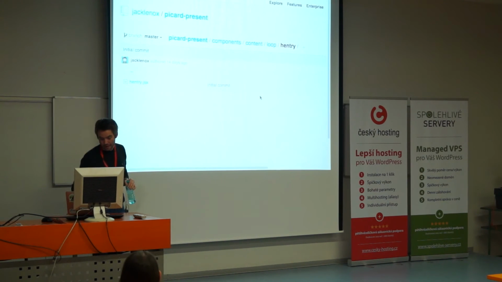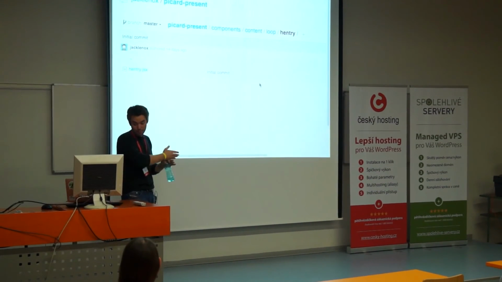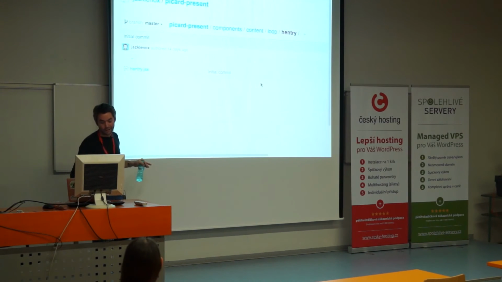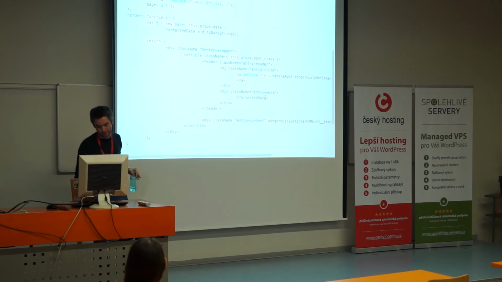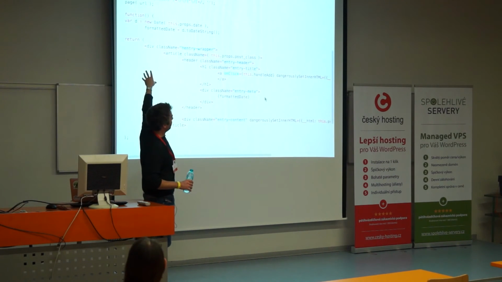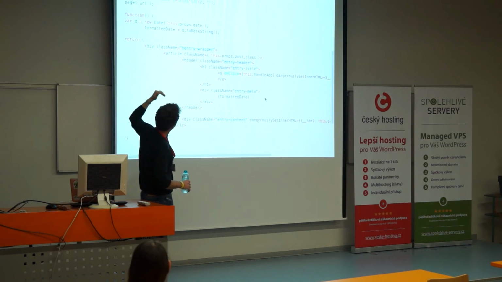But so finally, we get to the entry. You saw that I passed the data from loop to entry. So entry is in its own little folder again, just to keep things nice and tidy. And then in entry, it's going to look fairly familiar to hopefully some of you. You can see this is pretty much the same structure that is used in underscores. So we have the article.